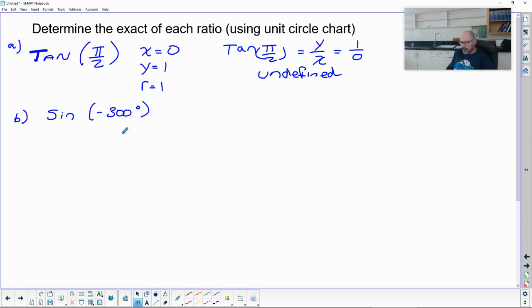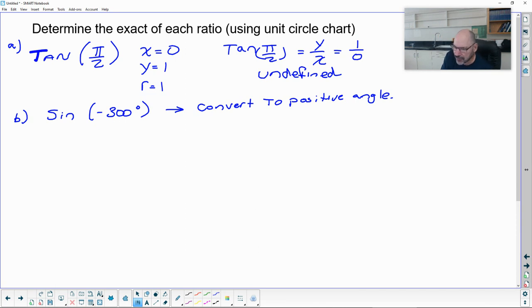So I'm going to convert it to a positive value. If we're going down 300 degrees, we know the circle is 360, so it's going to be the same as saying positive 60, right?